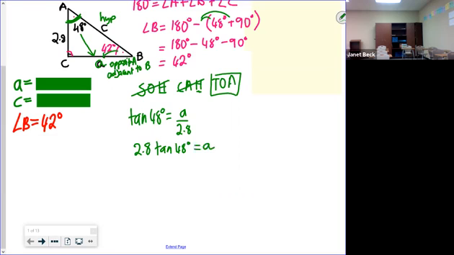Stick that in a calculator and ignore what it says in the book. You're going to have homework from the textbook, but ignore their directions.